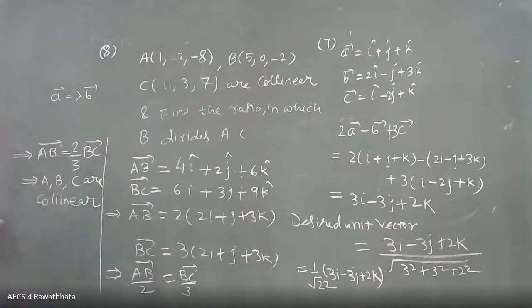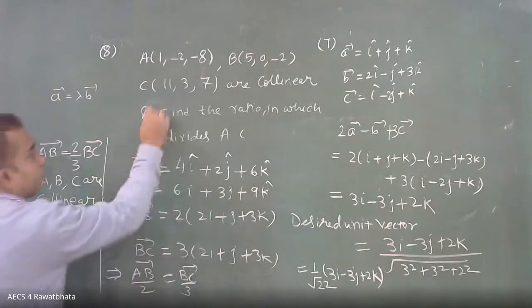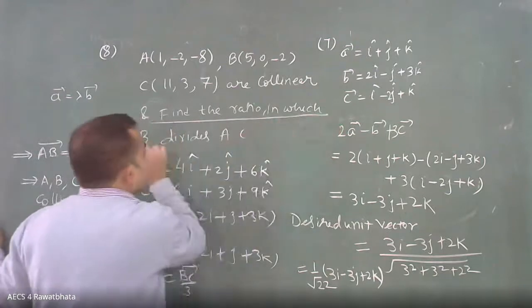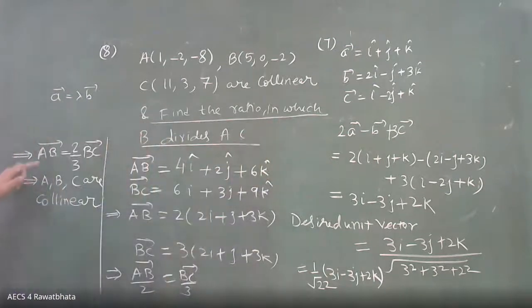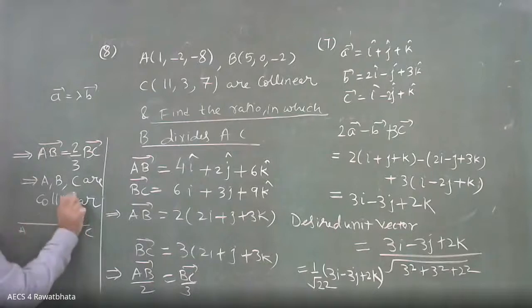This is one answer. One more thing they were asking: find the ratio in which B divides AC. So you can see here that between AB and BC, what is the ratio? It is 2/3, right? It means that if this is A, this is B, this is C, then it is a 2:3 ratio.